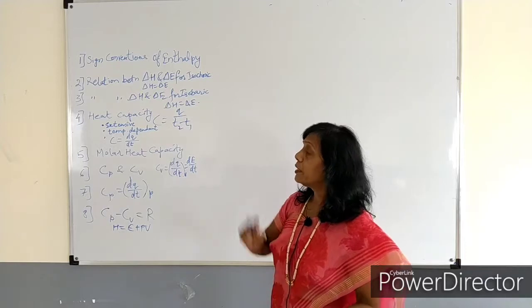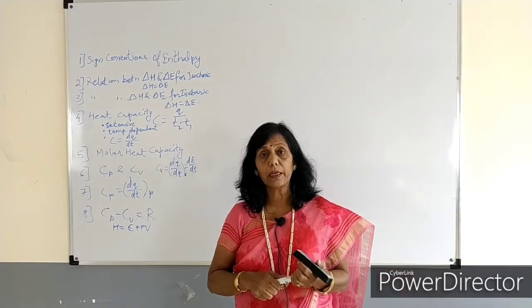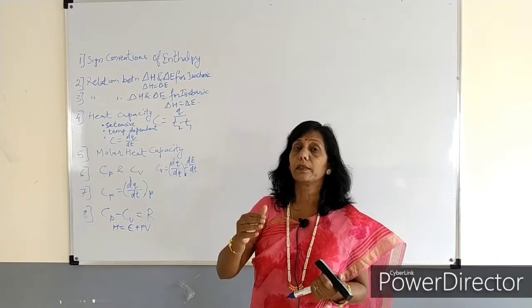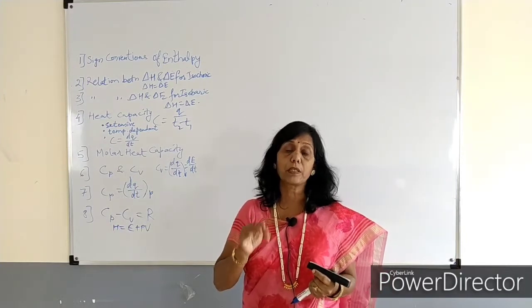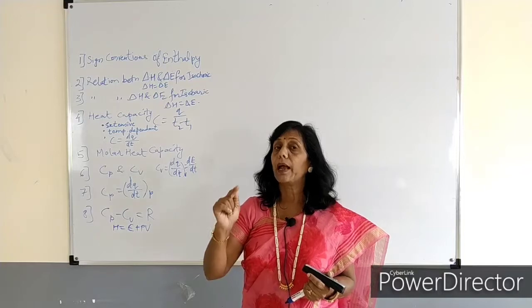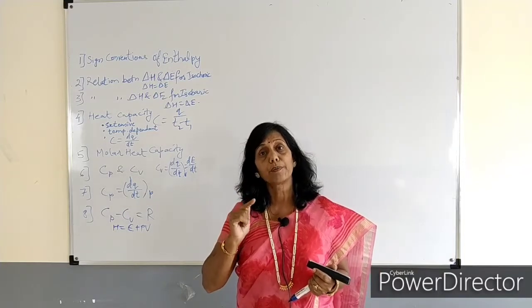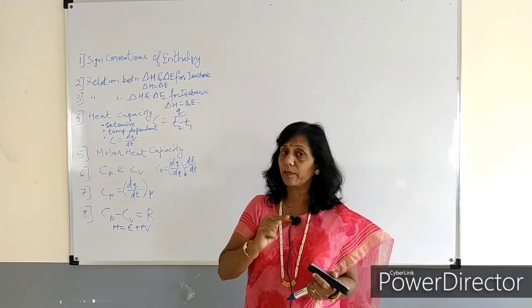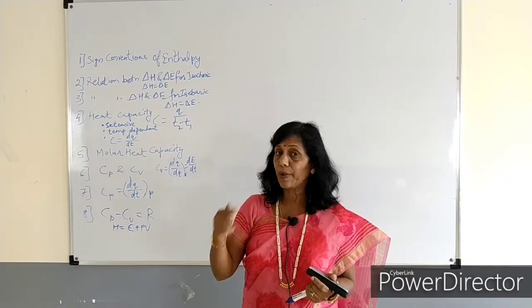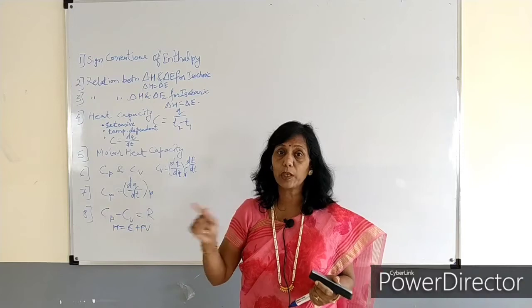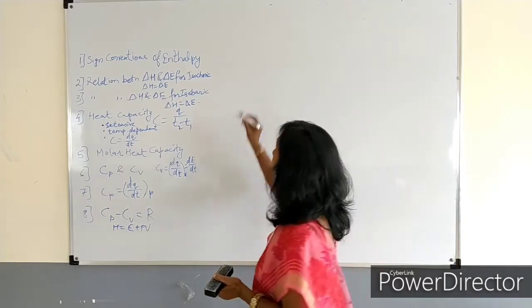Now, the enthalpy, as I will repeat again, what is it? It can be defined as the algebraic sum of internal energy and the product of pressure and volume. So, what will be its mathematical expression? Its mathematical expression will be H is equal to E plus PV, isn't it?